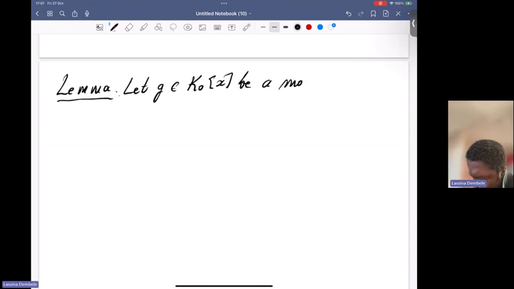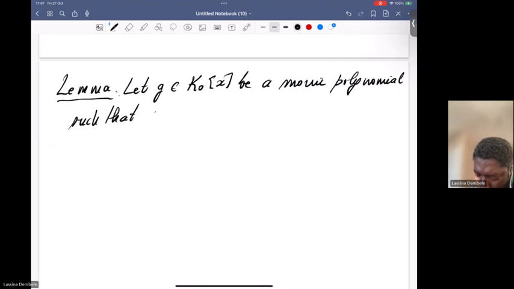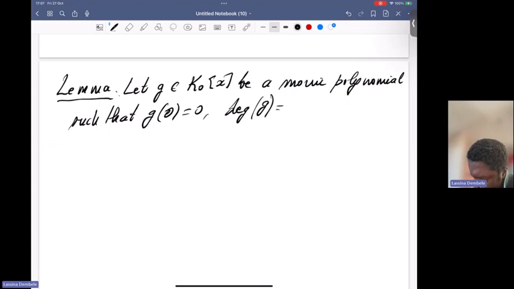If you assume that this is a monic polynomial, we want to assume that this is non-zero. Going to call the degree of G equal to D, positive.